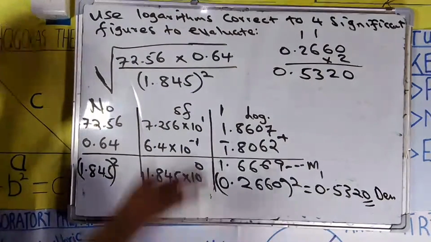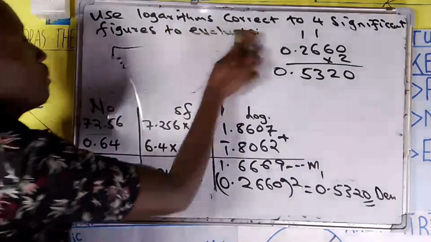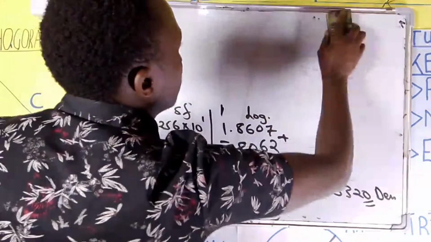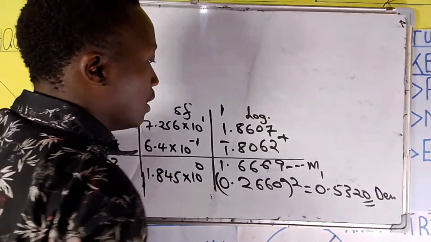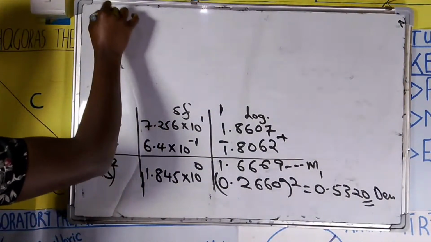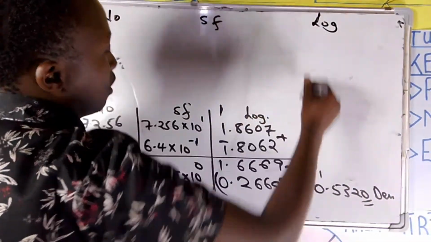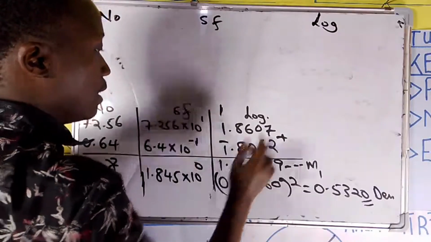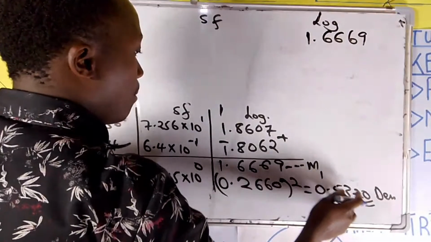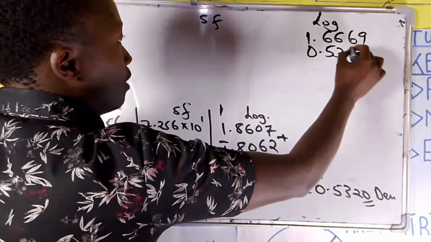So between the numerator and the denominator, we are supposed to subtract. And remember, we are finding the square root. So it is number, standard form, then logarithm. So our numerator is 1.6669 minus 0.5320.